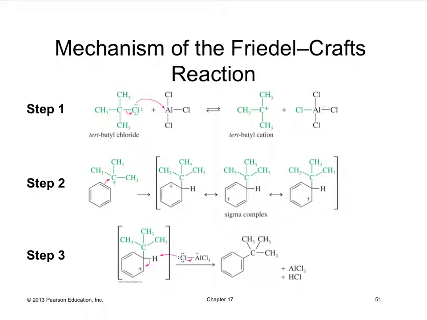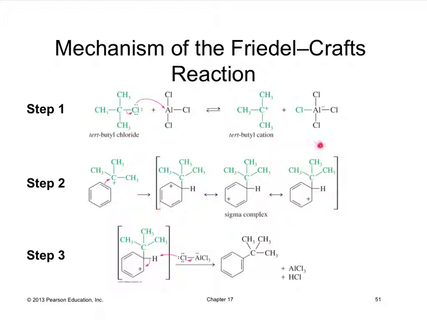So if we look at the mechanism of Friedel-Crafts reaction, you have your tert-butyl chloride. This is your alkyl halide, in which the electrons from your chlorine go to the aluminum trichloride, forming carbocation. The carbocation then reacts with the benzene. Electrons in the ring come out.